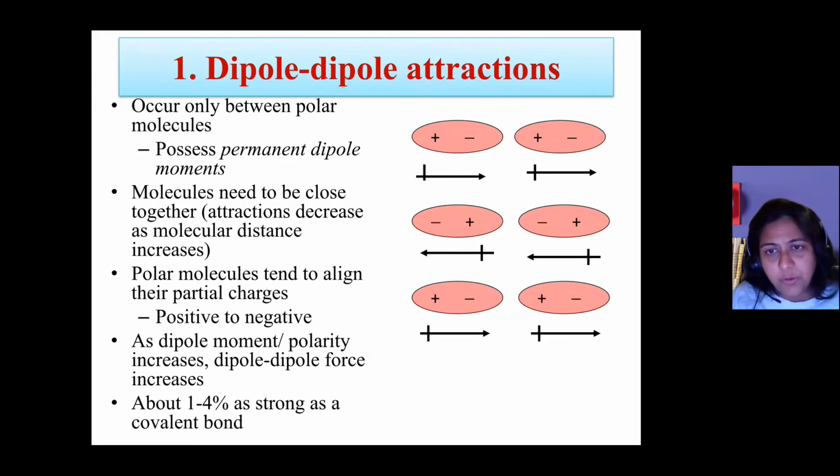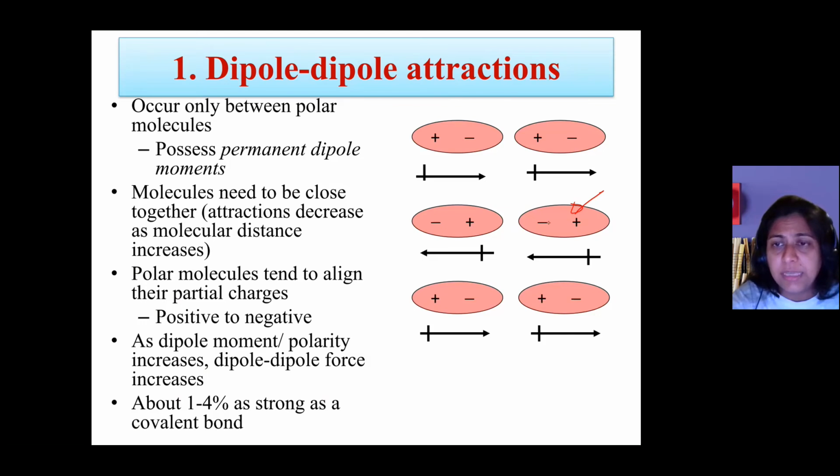What are dipole-dipole forces? Dipole-dipole forces occur between permanent dipoles. Therefore, we'll find the dipole-dipole forces only between the charged molecules or only between the polarized molecules. Only the polarized molecules.